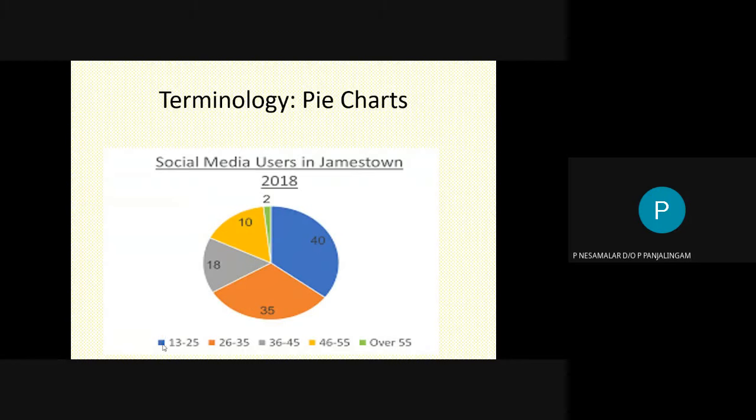And you have the key here, which gives the information about the items in the pie chart. Now, it does not say what these items are, but the title says social media users. So in the key, what you can infer is that it refers to different age groups of people.